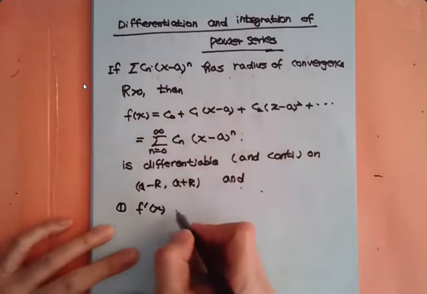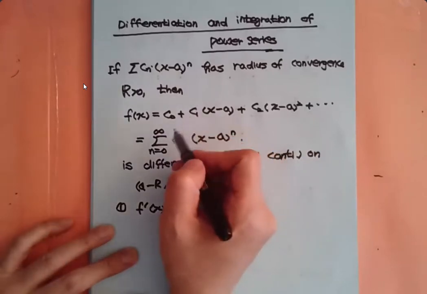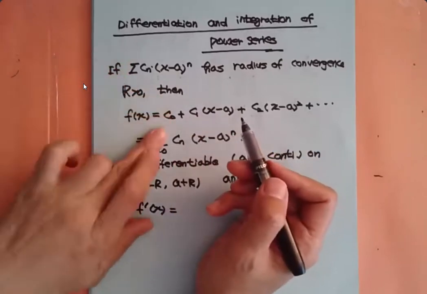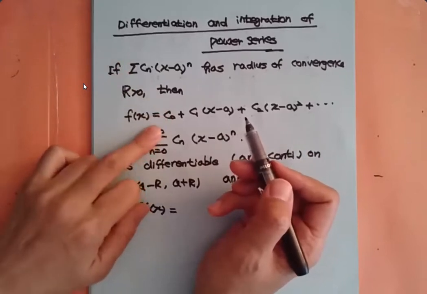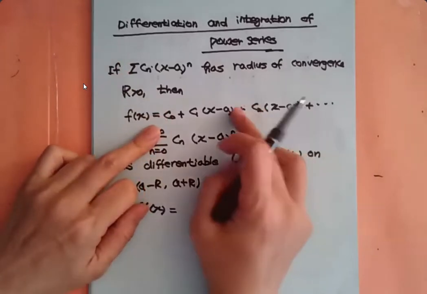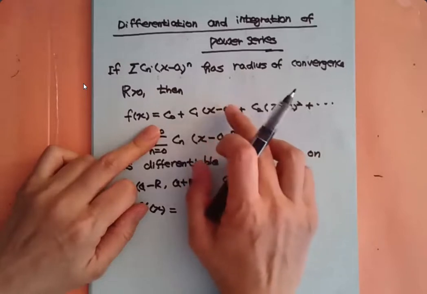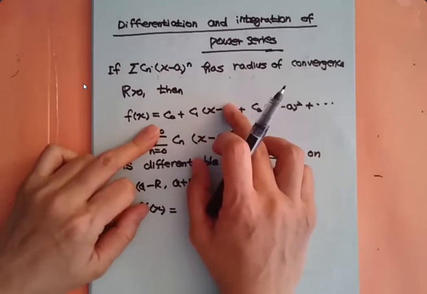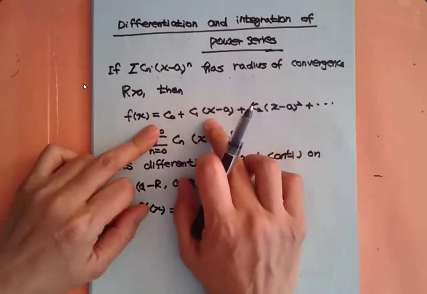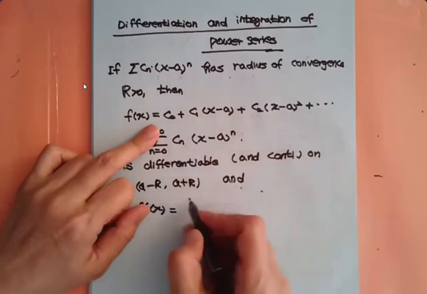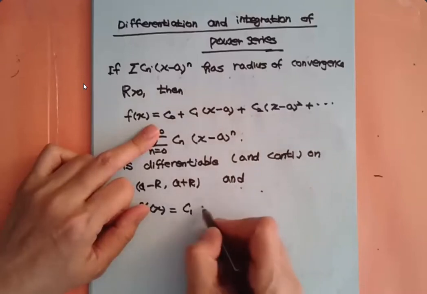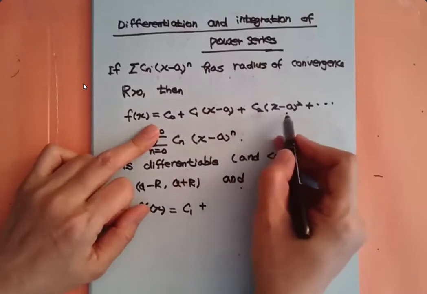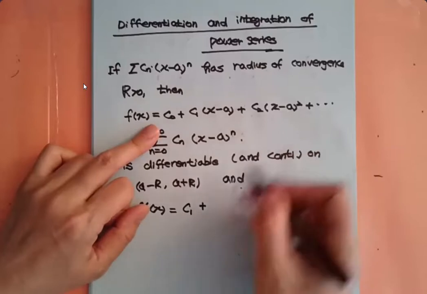So f prime of x, when we differentiate, the first term will vanish because that is just a number. And the second term, this part will vanish because that is again a number. Then the differentiation of x is just 1. So the first differentiation is c1, plus the second differentiation is a chain rule.